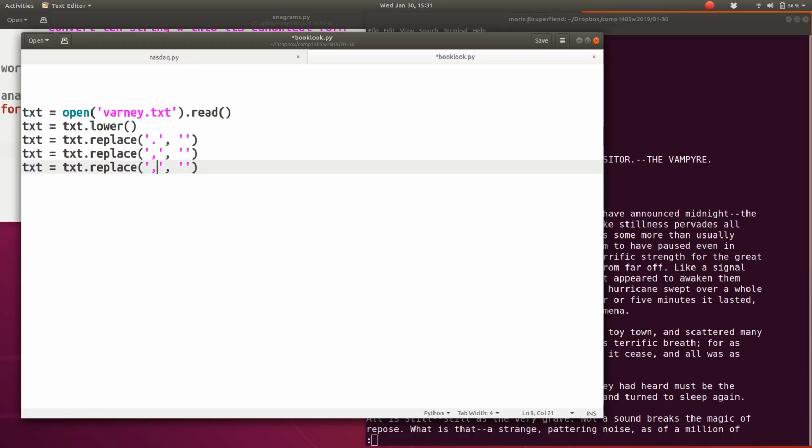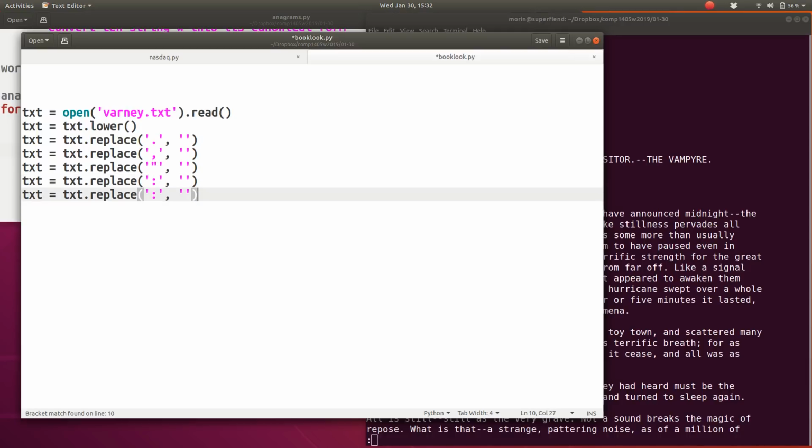It looks like they're using double quotes. There'll be colons and semicolons. Probably won't catch anything, but we might get a reasonably clean list of our body of text now.